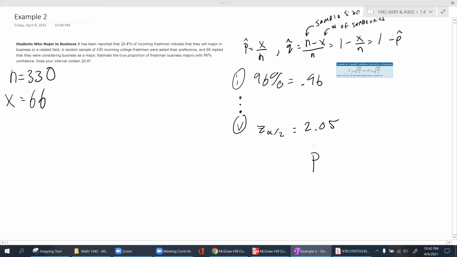For my formula, it's p hat minus the margin of error, bounded by p hat plus the margin of error. Really, these formulas are going to be provided for you, but you must know how to use them.